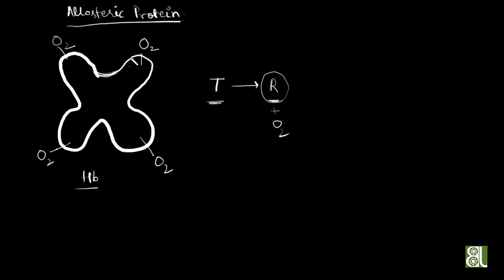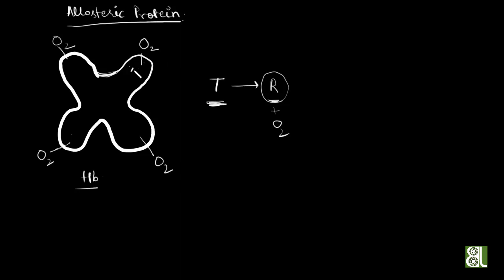So here I have tried to draw a hemoglobin structure having four subunits. So we know that hemoglobin firstly is present in T state, that is very unstable, when oxygen gets bound to it.